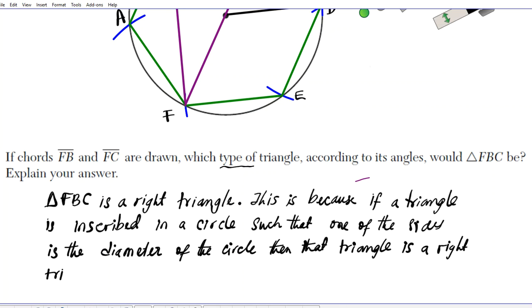Okay, so that's basically what Thales theorem says.